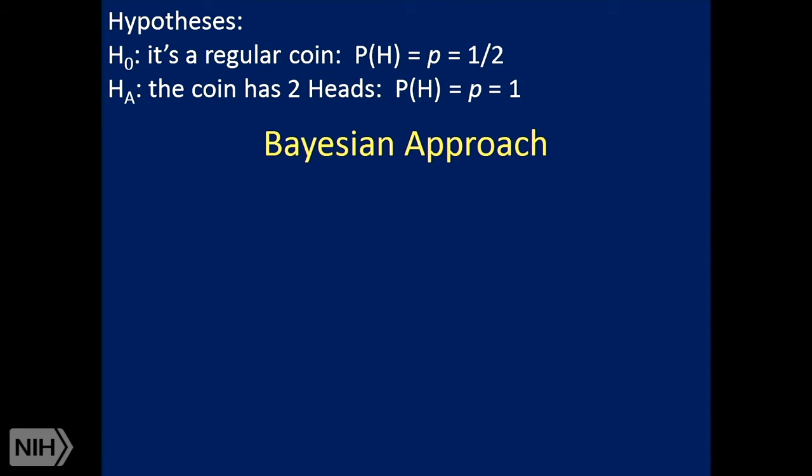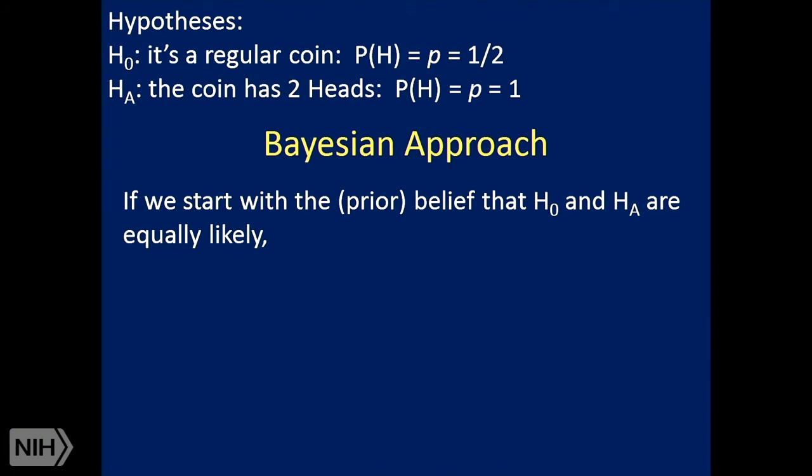Or you can say that the probability of a head being 1/2 has itself a 1/2 chance, and the probability of the head being 1 has itself a 1/2 chance. Calling it a regular coin is the same as saying the probability of a head is 1/2. Calling it a two-headed coin is the same as saying the probability of a head is 1.